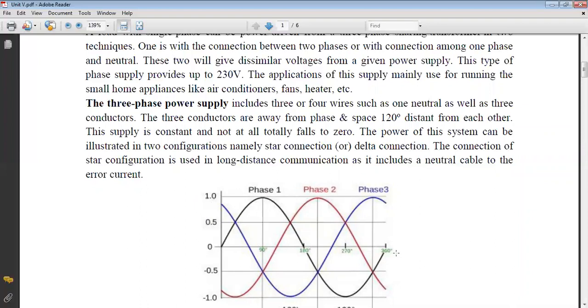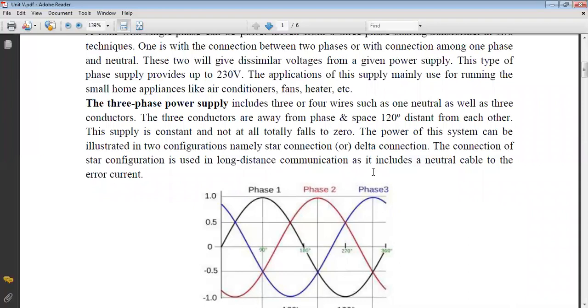That's why this 360 degree is divided by 3. So the phase difference between each line will be 120 degrees. Here, the phase difference between phase 1 and 2 is 120 degrees, 2 and 3 is 120 degrees, and similarly, phase 1 and 3 is 120 degrees apart.